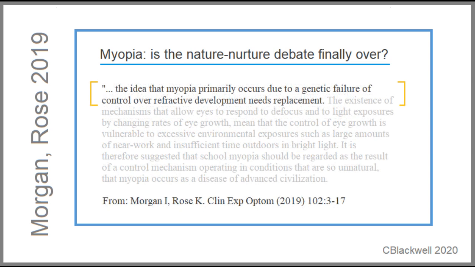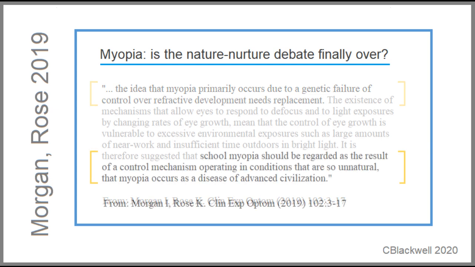Second, the idea that myopia primarily occurs due to a genetic failure of control over refractive development needs replacement. And finally, it is therefore suggested that school myopia should be regarded as the result of a control mechanism operating in conditions that are so unnatural that myopia occurs as a disease of advanced civilization.